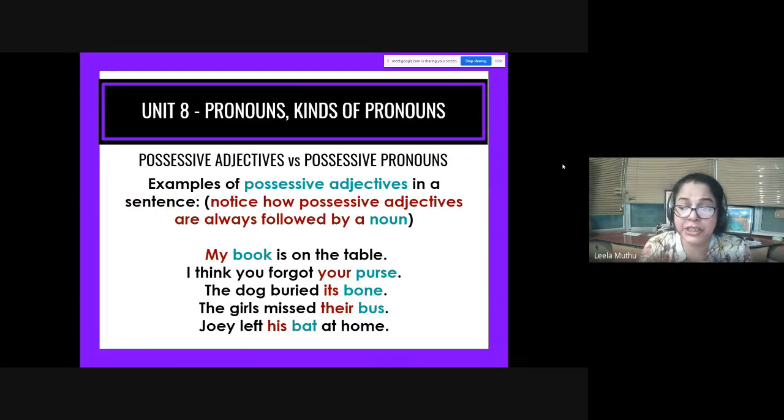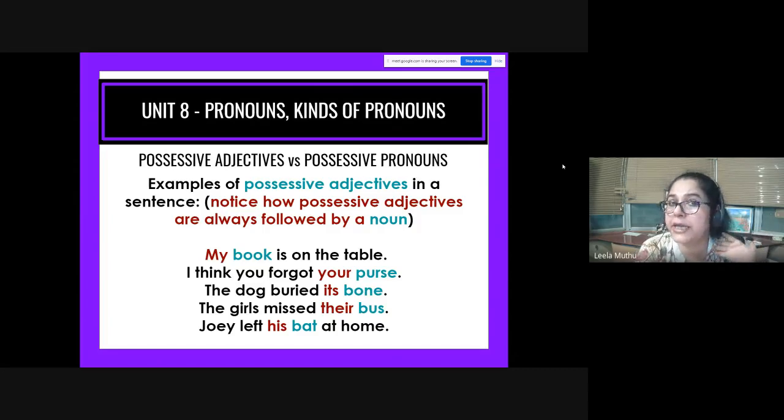Now, possessive adjectives in a sentence, you will notice how they are always followed by a noun. Okay, now I'm going to just read out these sentences. You will see the possessive pronoun which is being placed before a noun, and now it is doing the job of an adjective. So they're referred to as possessive adjectives.